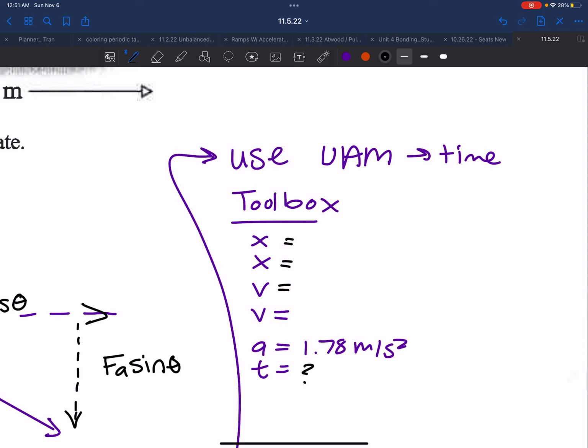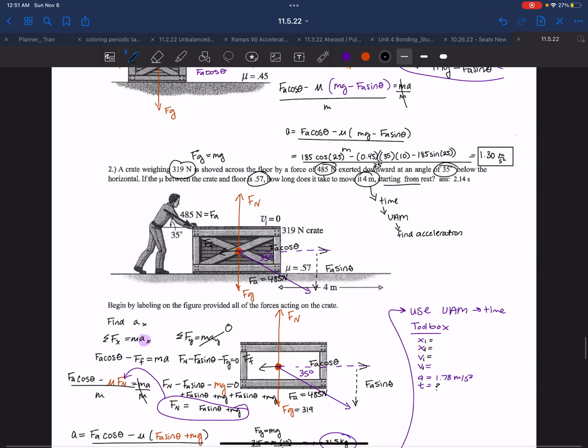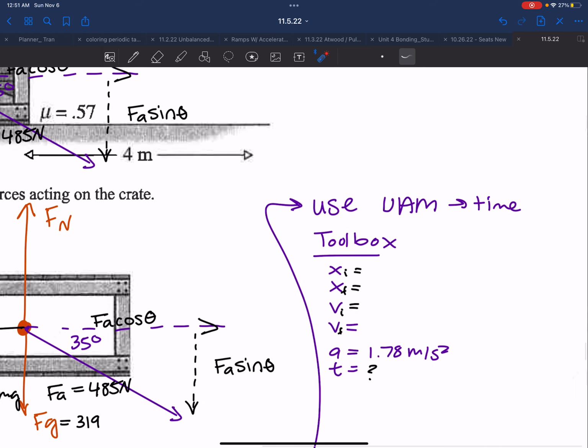So I need to find time. It's given to me over here that my initial velocity is 0. It moves 4 meters, so it moves from 0 to 4 meters, and they don't give us final velocity.